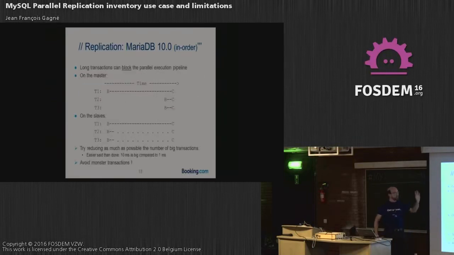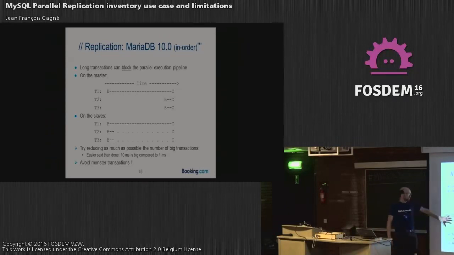So this is about grouping. Now let's see some things that don't work well, and we have to be mindful of that. If we have a very long transaction on the master, say 3 transactions commit together on the master, but one of those transactions has been running for a long time. When we run those in parallel on the slave, transactions 2 and 3 finish really soon. But the other one is a monster transaction that runs for a very long time.